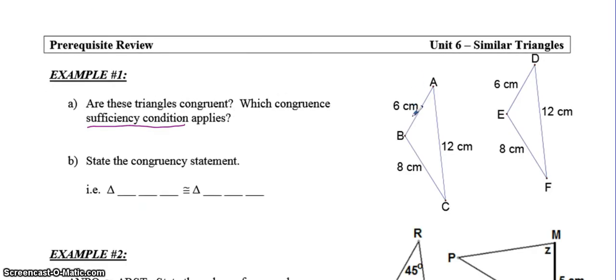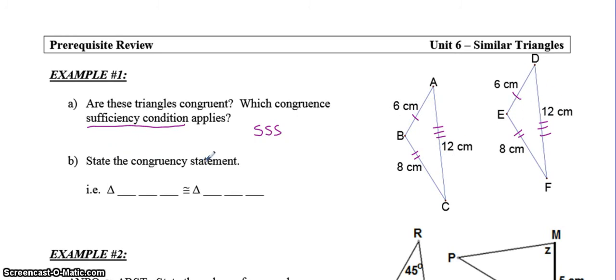So, because this side is equal to this side, is equal to this side, is equal to this side, then the sufficiency condition is side, side, side. We don't know anything about the angles, but we know that all three sides of this triangle are equal to all three sides in this triangle.